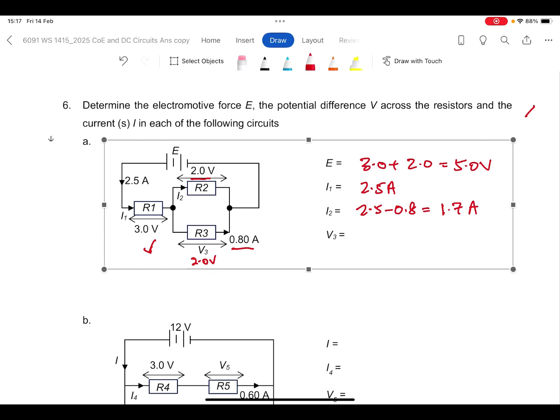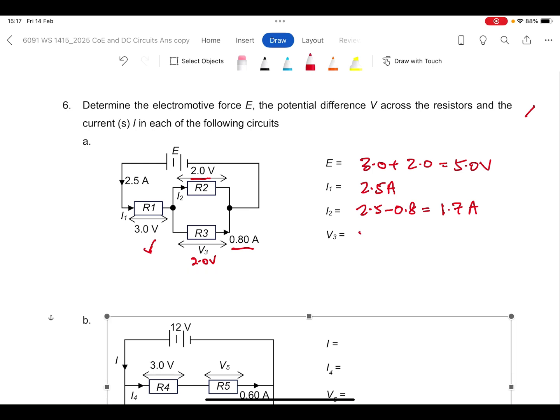V3 is, as I said, V is constant in the parallel circuit, so the potential difference across the second branch is the same as across the first branch, so it will be 2.0 volts.